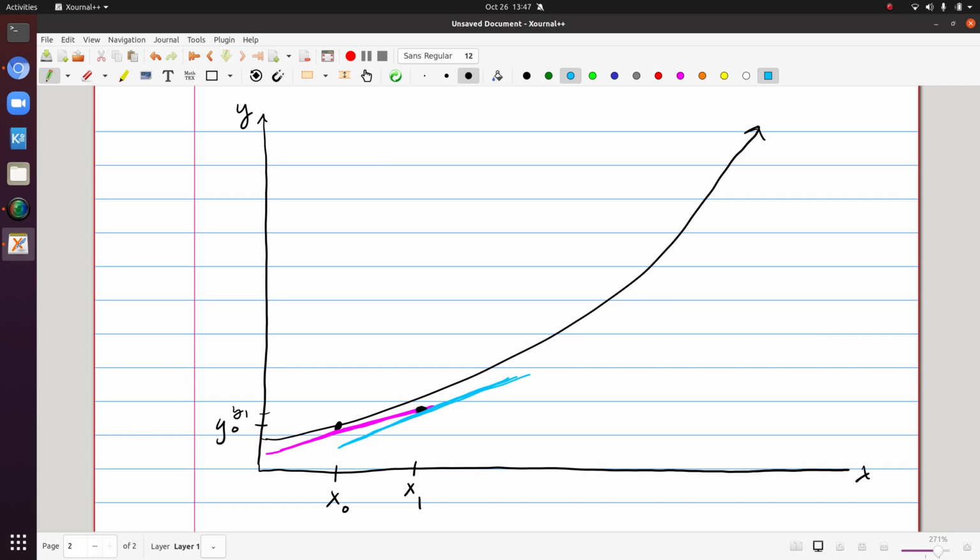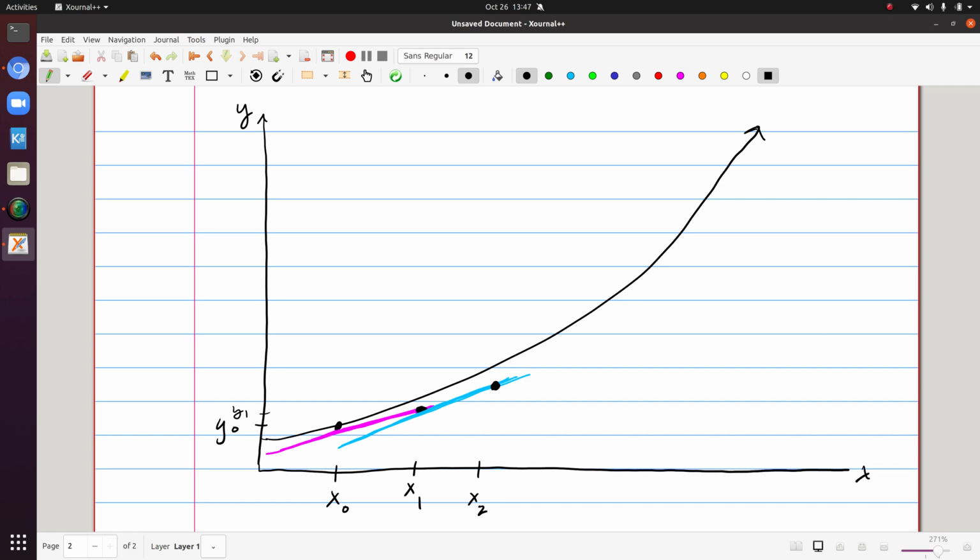So this kind of error that we had here is kind of compounded throughout this. So I would then follow this slope and use that to predict what the value of the function would be at x2. And I would predict this here.